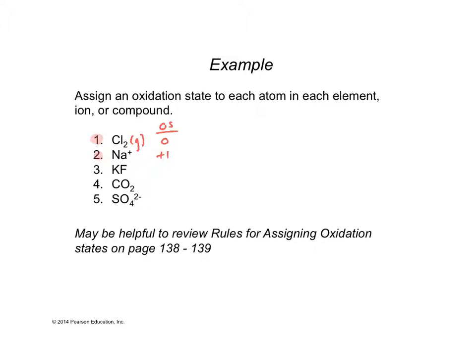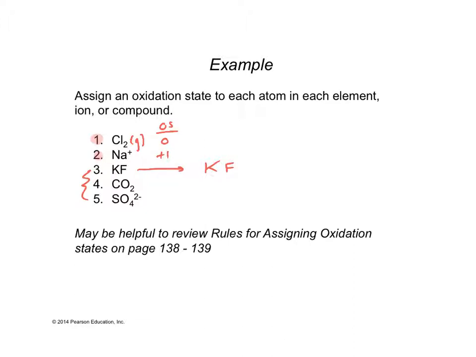The only issue really comes in with respect to compounds, okay? So we have 3 compounds here. First one is KF. In a compound, each atom is going to have its own oxidation state, okay? One of the big rules that we have to remember, though, is that the sum of all of the oxidation states of the atoms in the compound have to sum overall to the overall charge of the compound, okay?